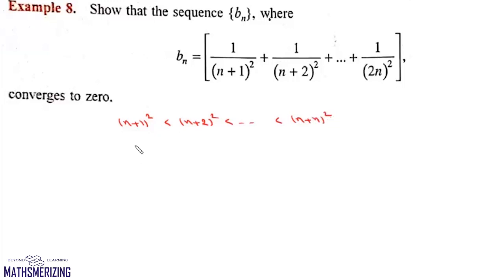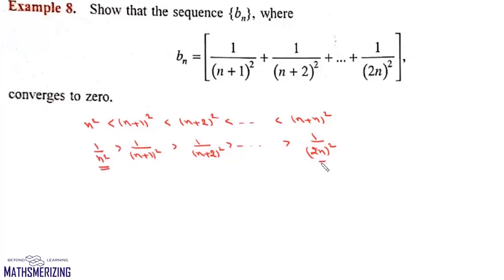Now if we take reciprocals, we can write 1 upon (n plus 1) square will be greater than 1 upon (n plus 2) square, and it will be greater than 1 upon (2n) square. We'll also write that (n plus 1) square is greater than n square, so 1 upon (n plus 1) square will be less than 1 upon n square.